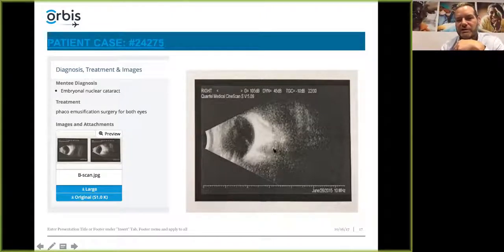So here's the optic nerve shadow, and then this almost looks like there is a stalk coming off of the optic nerve. Now that could suggest PHPV, persistent fetal vasculature, or persistent hyperplastic primary vitreous, which generally those eyes are smaller and they don't do as well because they frequently have other anomalies with them.